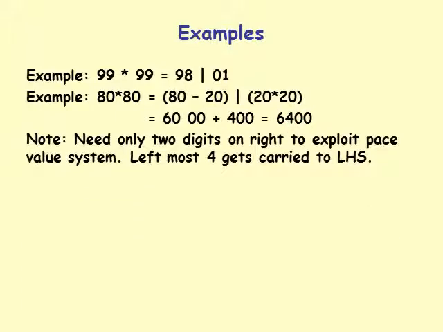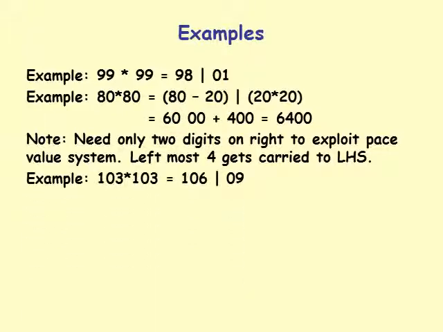We only need 2 digits on the right to exploit the place value system. The leftmost 4 of the 400 on the right must be carried to the left hand side. So it was 60 on the left, 400 on the right. The 4 gets carried to the left, and it becomes 64.